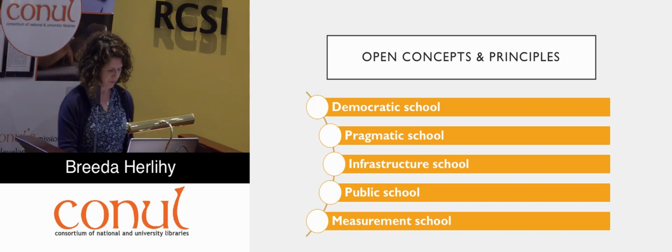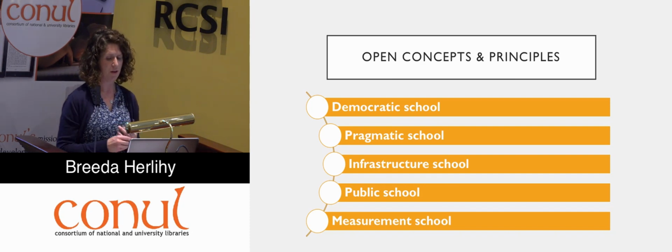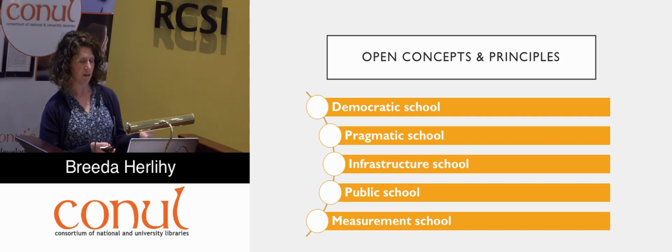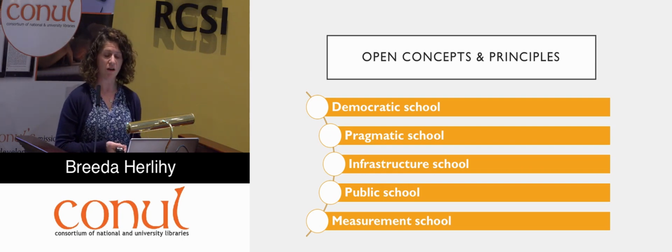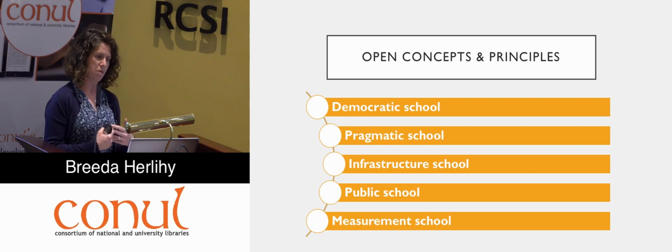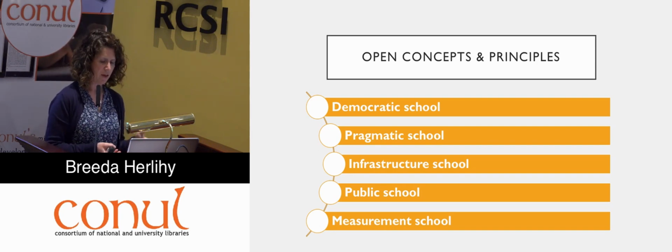And then finally we have the measurement school. And motivations here, I suppose, are around the acknowledgement that traditional metrics for measuring scientific impact or the impact of research have proven problematic because they are often very heavily focused on publications, like journal level metrics, instead of maybe article level metrics or individual researcher metrics.